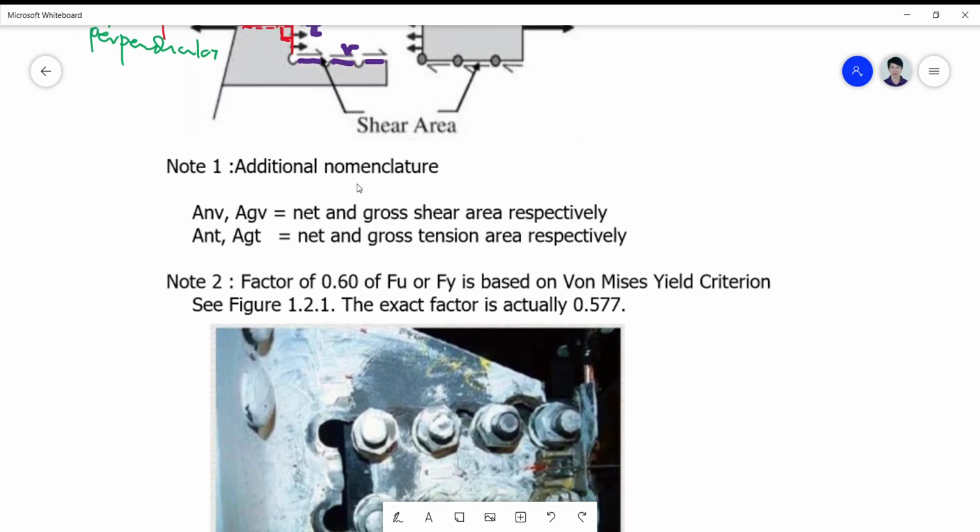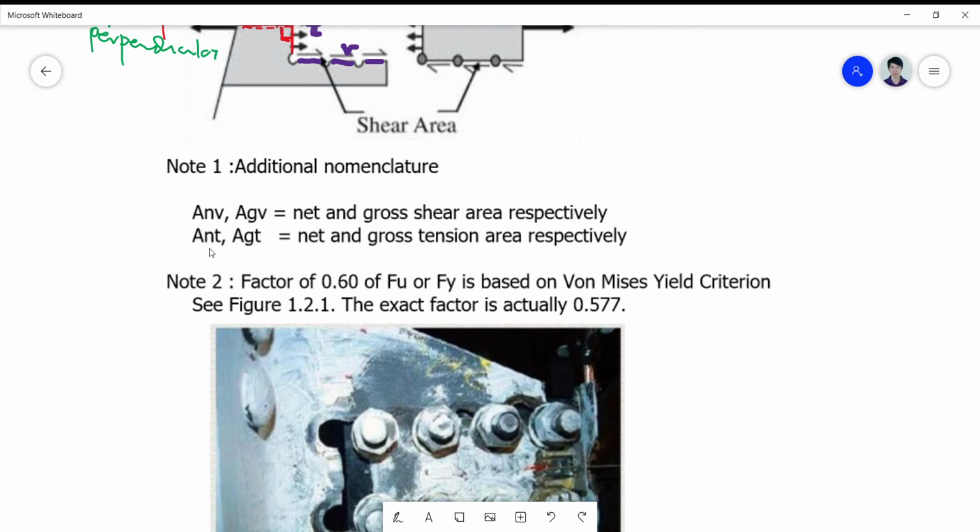Okay, note 1, the additional nomenclature, A and V. V is shear, N is net, so V shear, G is gross. So you call this now the net shear area and the gross shear area. Okay, N is net, T is tension, G is gross, T is tension.